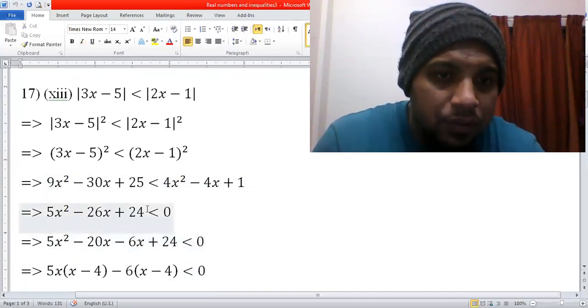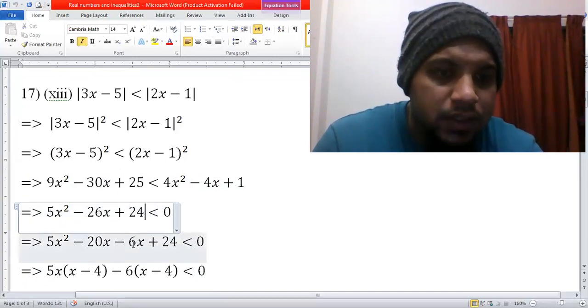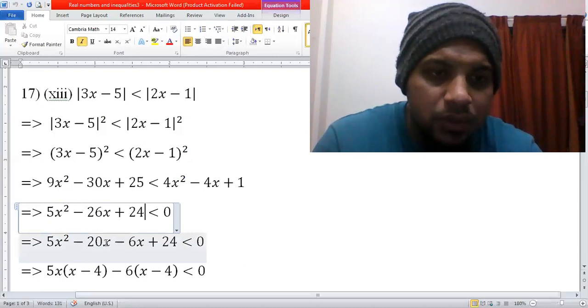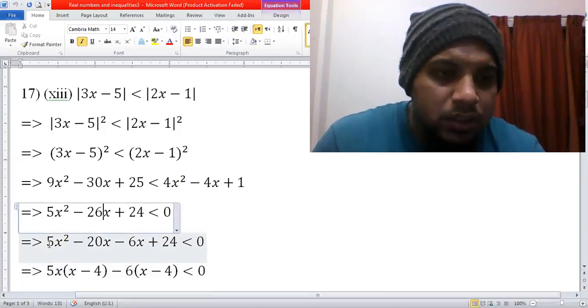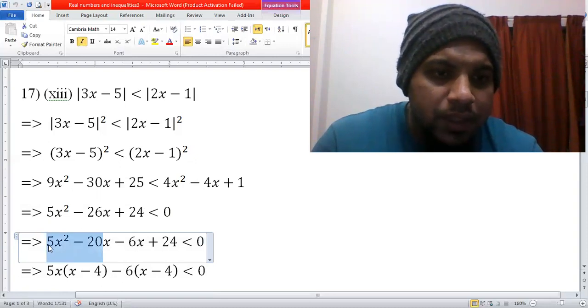5 times 24 is 120, and 26 splits into 20 and 6. That's why, 20 times 6 is 120, and after calculation minus 20 minus 6 becomes minus 26. From these two terms we take 5x as common, as a result x from this term and 4 from the second term.